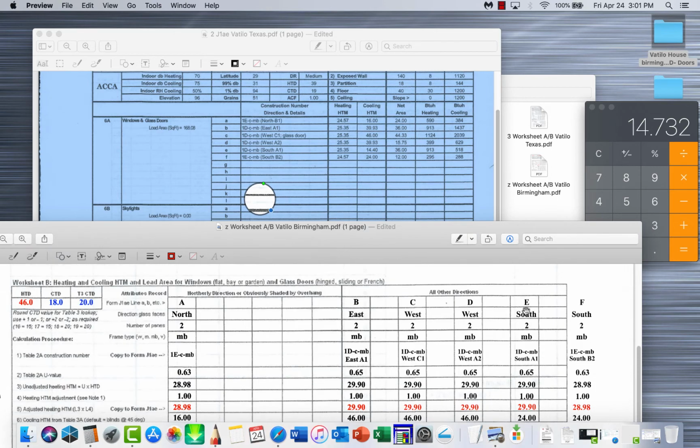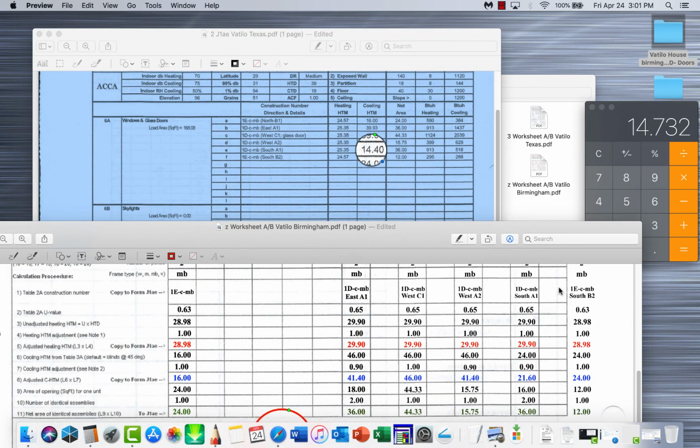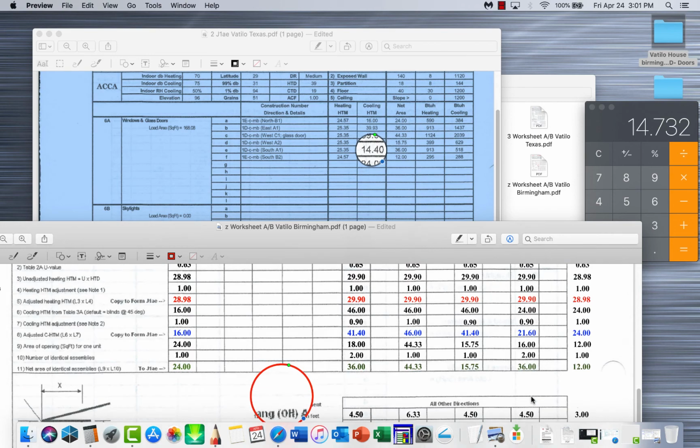This window right here is window E. So that's going to be this one right here, E. So our cooling HTM for this window, when it was in Texas, it was 14.40. And here in Alabama, a little bit further north, we're looking at 14.732. So that 14.732 would go right there where that 14.40 is. So just transpose all those numbers.